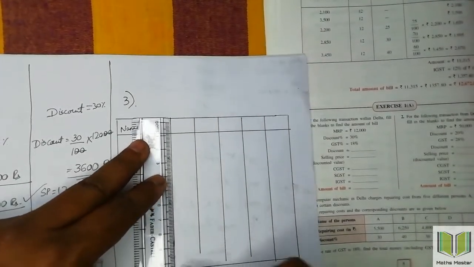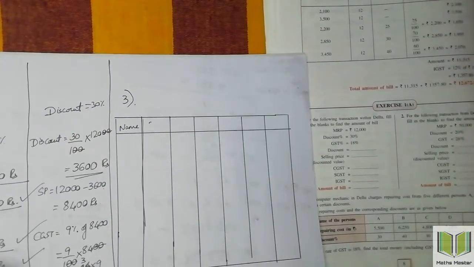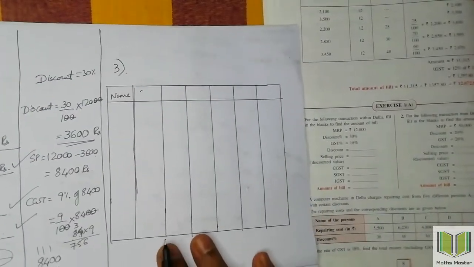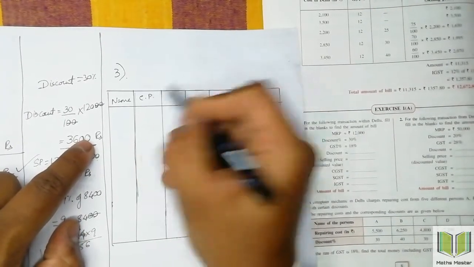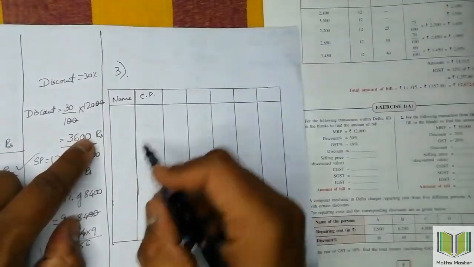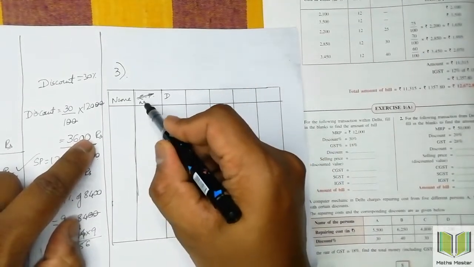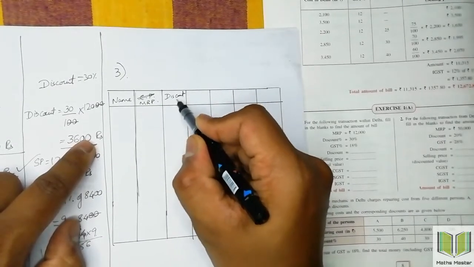All the ones which you are able to see, you need to put them in the box. There are other ways to do the box as well. You can first write down everything and then you can put a box around them. Not a problem. Now here, cost price or repairing cost, in other words, this is MRP actually. And this is discount percentage.